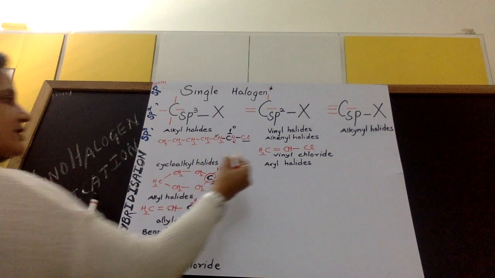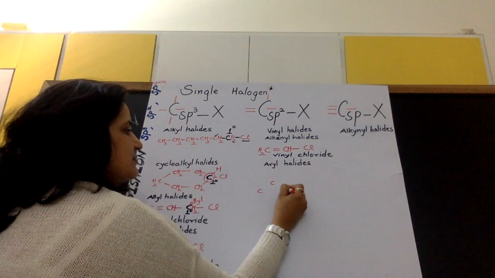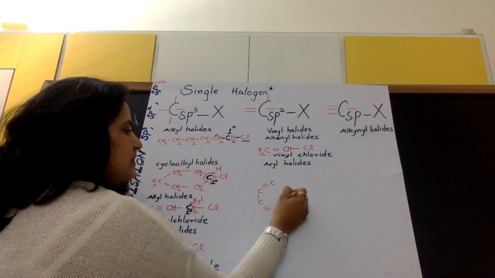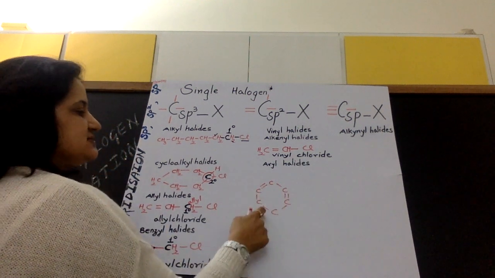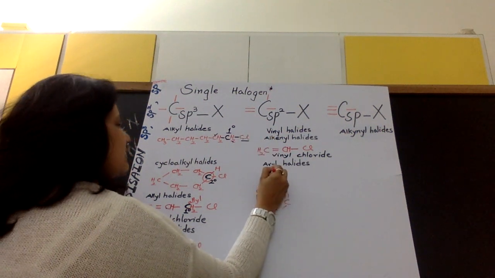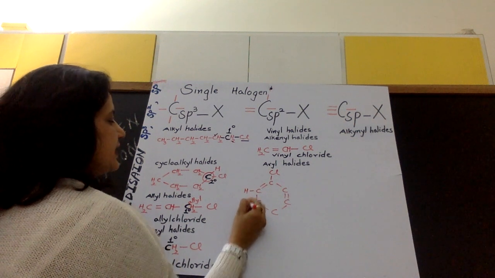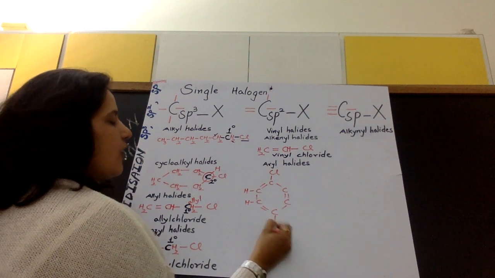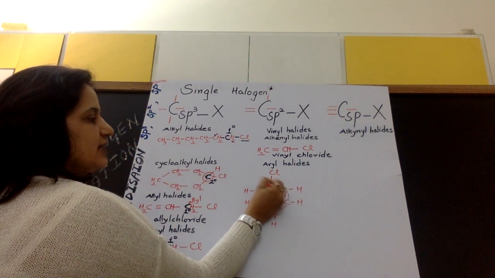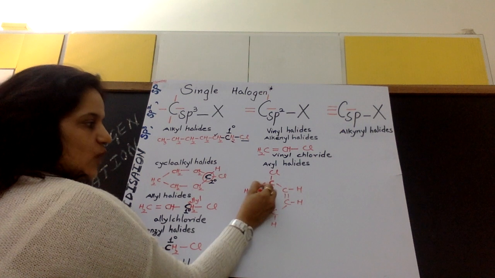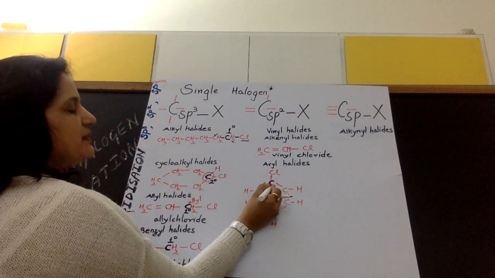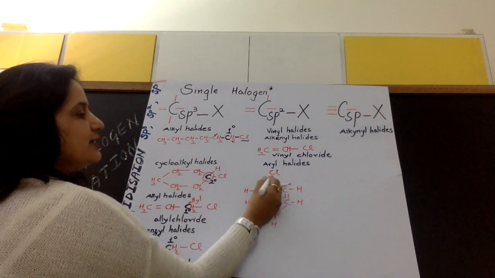type. Now aryl halide, I make benzene. Arene means benzene, so I am making benzene. I made benzene 1, 2, 3, 1, 2, 1. So single, double, single, double, single, double, single. 1 halogen I am writing here, rest all I am writing H. If you look carefully, all the carbons are vinyl carbons and halogen is on a vinyl carbon, that is, a carbon having 1 double bond and 2 single bonds.